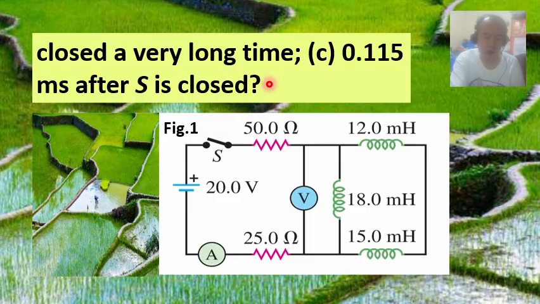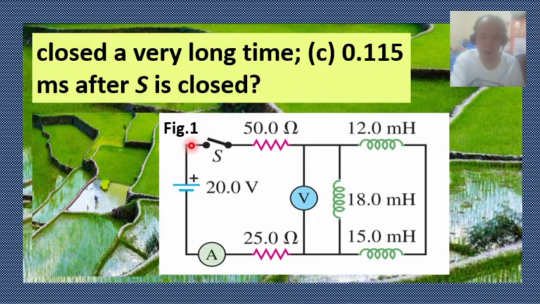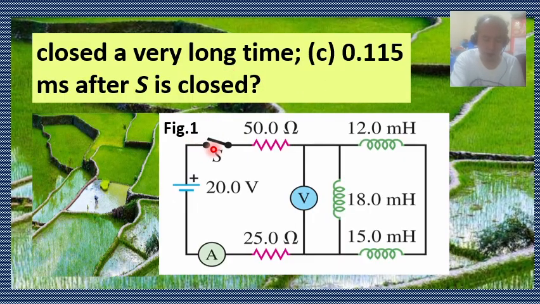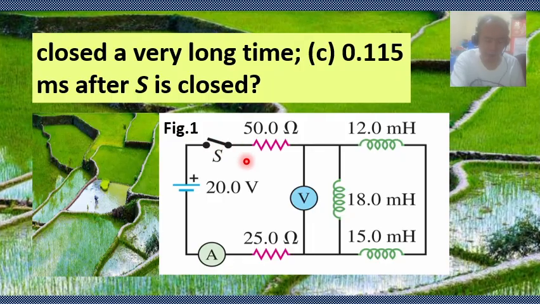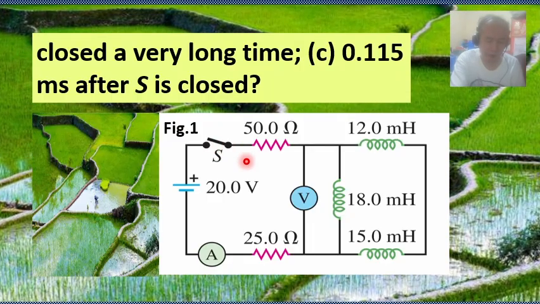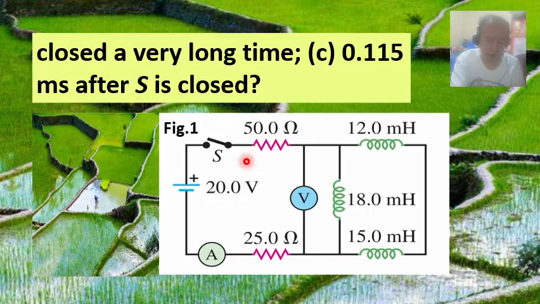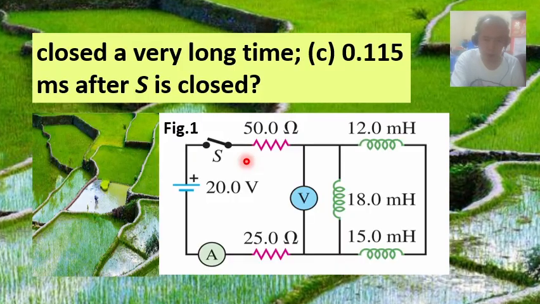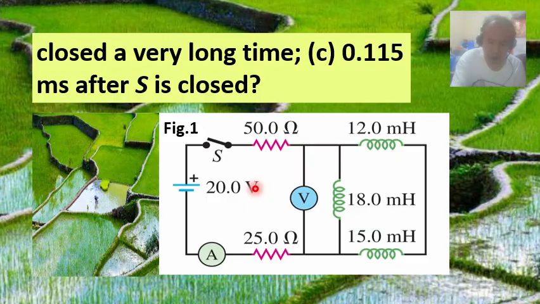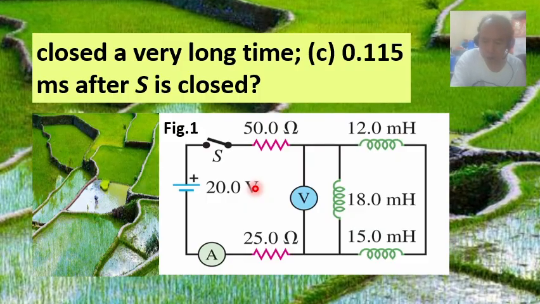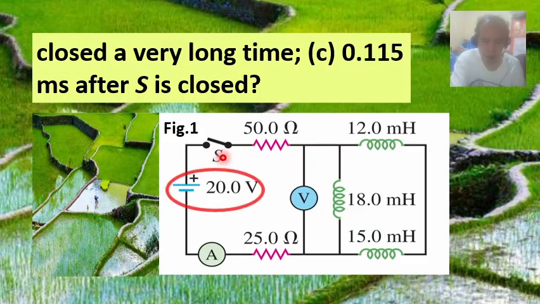So as shown in the circuit diagram of figure 1, we have the EMF of an ideal battery, meaning it has no internal resistance, equal to 20.0 volts.